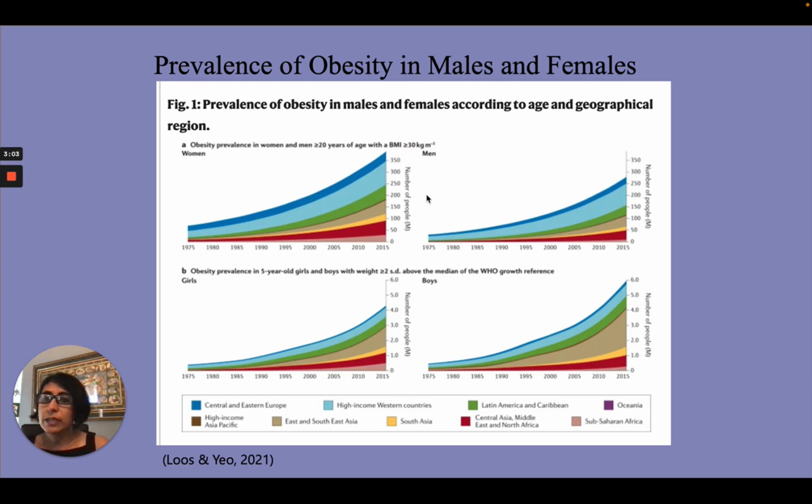They've included multiple populations in showing us this information. Unfortunately, at this rate, if we continue, in 2025, which is literally around the corner, 1 billion adults, which is 20% of the world's population, will be obese.